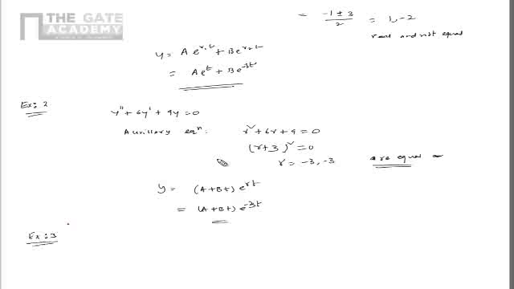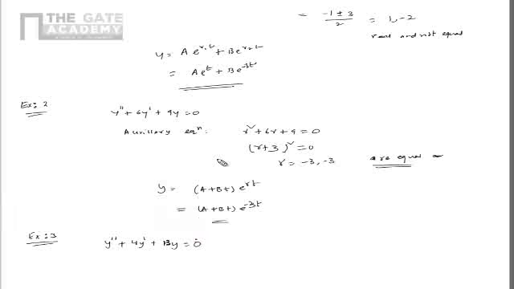Now let's take another example where I have something like this: y double dash plus 4y dash plus 13y is equal to 0. Okay, so let's solve this case.